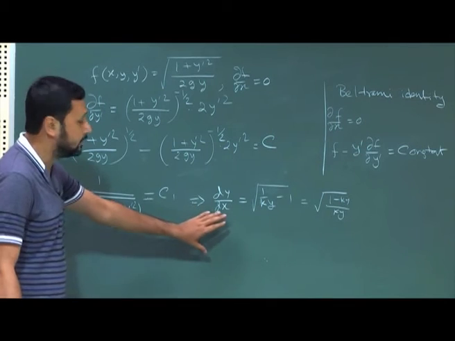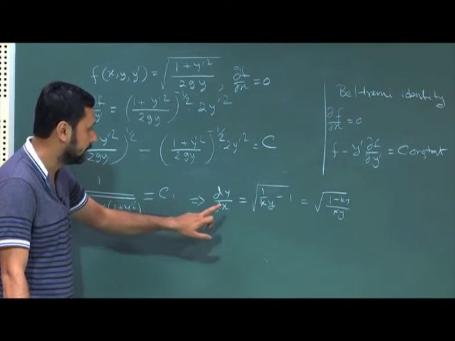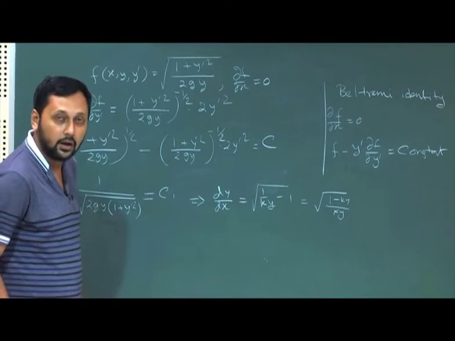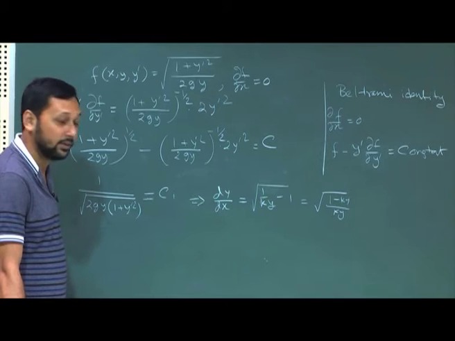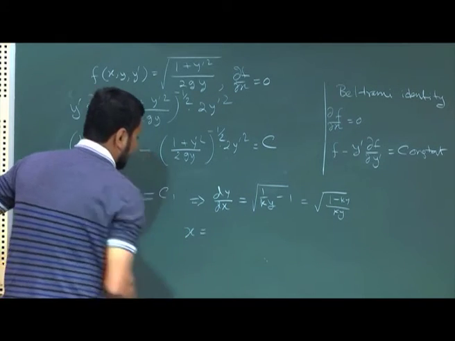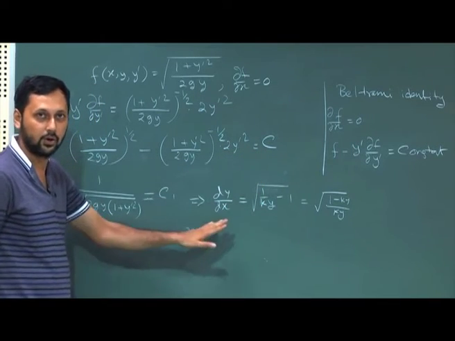So, this is the final differential equation we have to solve in order to get y as a function of x. Now, it turns out its solution is also very standard. It is not very difficult, you just have to do a proper substitution. We all know how to do this.